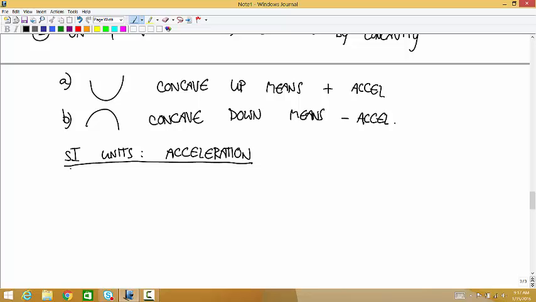So it's always going to be a unit of length over a unit of time squared. And so that's meters per second squared. And so it could be light years per years squared or light years per millisecond squared or whatever, as long as you have length over time squared. But this is the one we're going to use most.